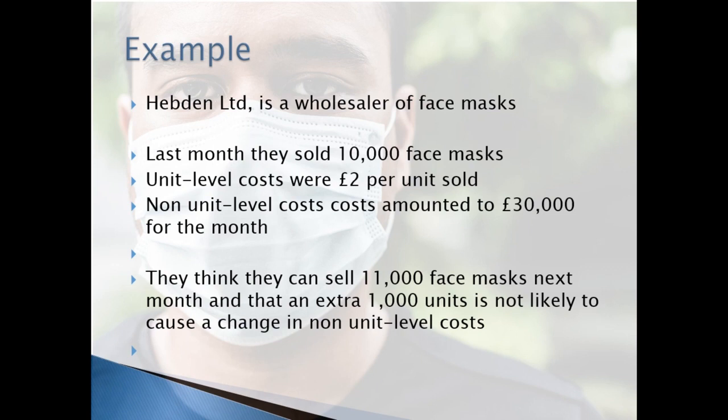So here's an example, a wholesaler of face masks. Last month they sold 10,000 and their unit level costs were £2 and the non-unit level costs were £30,000. They think they can sell 11,000 next month, but that won't change their non-unit level costs. It's not a big enough change to require an extra machine or anything like that.